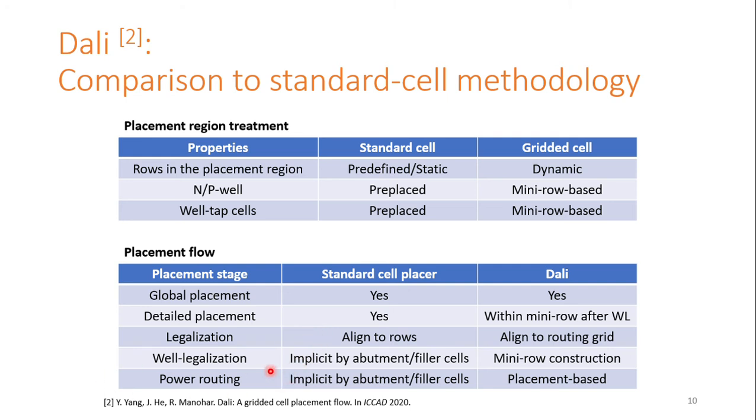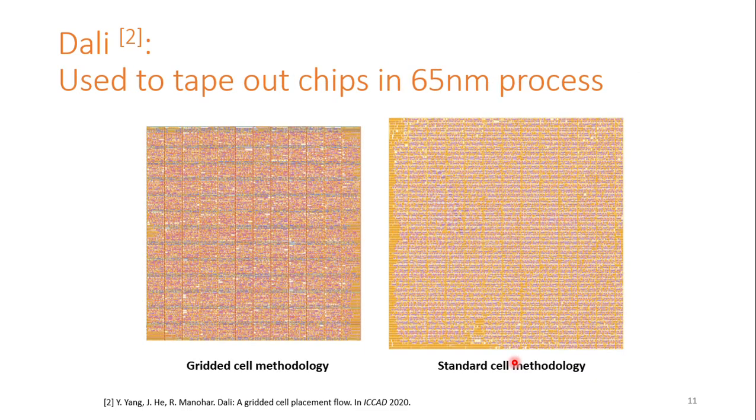For power routing, standard cell placers implicitly do this by using abutment or filler cells, while in DALI, that is design dependent. Power routing is handled during placement explicitly. DALI has been used to tape out chips in 65 nanometer process. And here's a snapshot of the layout.